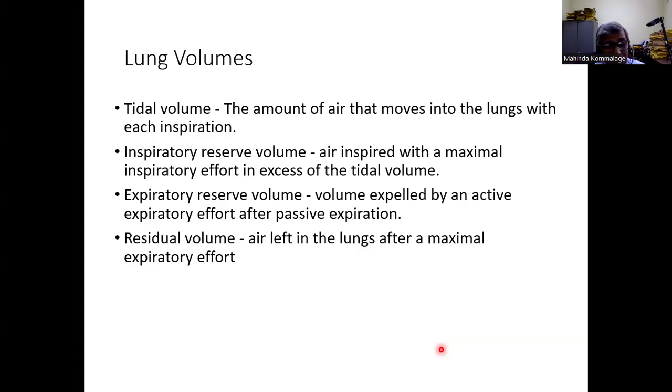In the stroke volume, you remember, it is the volume of blood we push out from each ventricle per one cycle. So tidal volume is also the same, with one cycle, one respiration. What's the volume that we take in, and what's the volume we take out, right? With each respiratory cycle, we take this volume into the lungs and we remove this volume out.